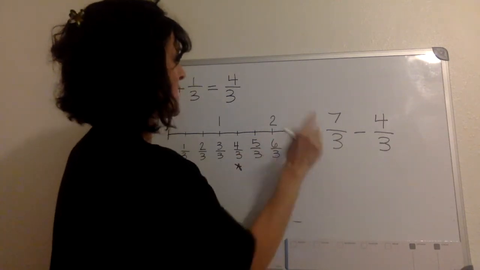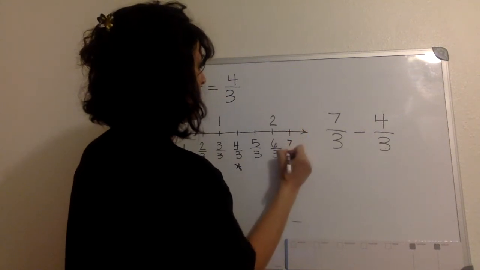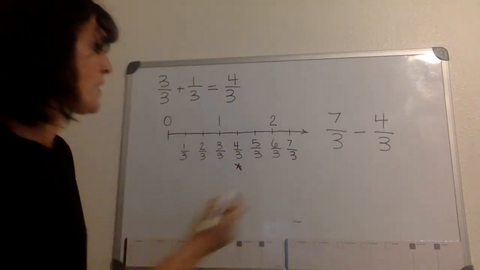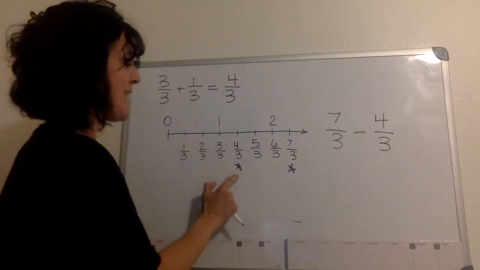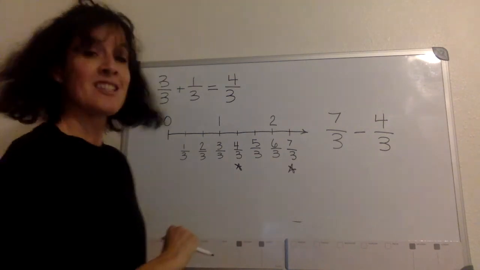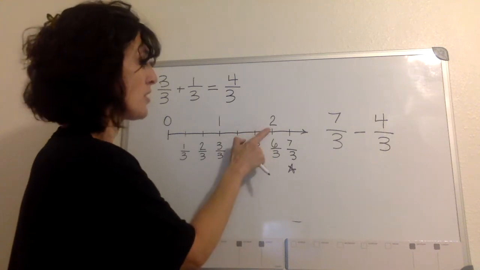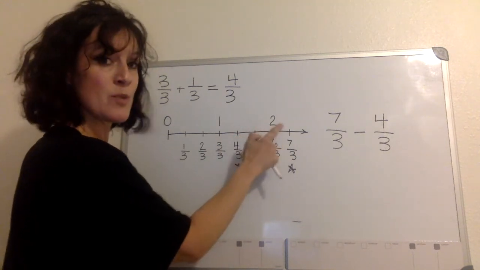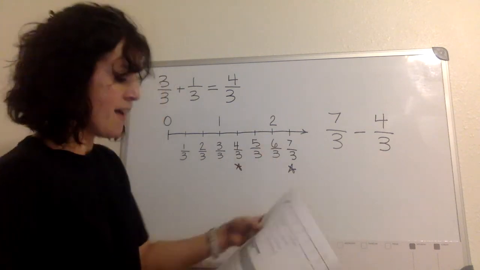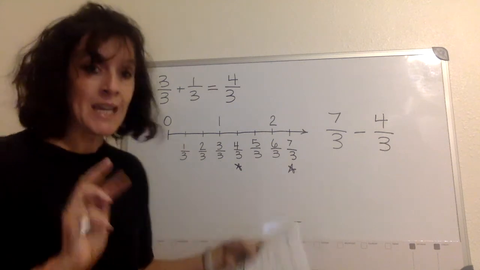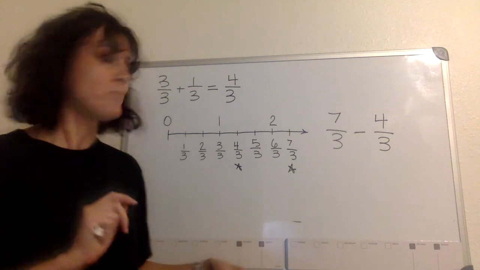That means we're going to have to take this out just one more. 7/3. Okay. How many thirds less is this one than this one? Let's just count our increments. So we've got 1/3, 2/3, and 3/3, which will get us to 7/3. Okay? So 4/3 is 3/3 less than 7/3. That will be your answer, which is 3.